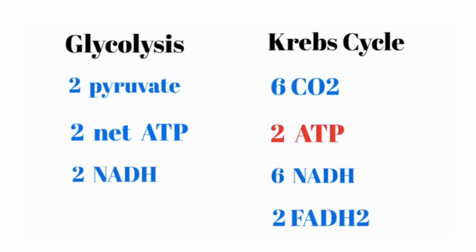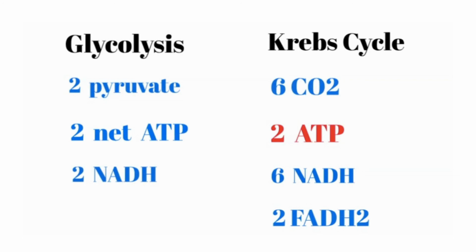Because step 7 and step 10 happened twice, that's a total of 4 ATP molecules. Keep in mind, in glycolysis, step 1 and step 3 hydrolyzed, or broke down, an ATP molecule. That's 2 ATP molecules used, 4 produced, so we have 2 net ATP at the end of glycolysis.